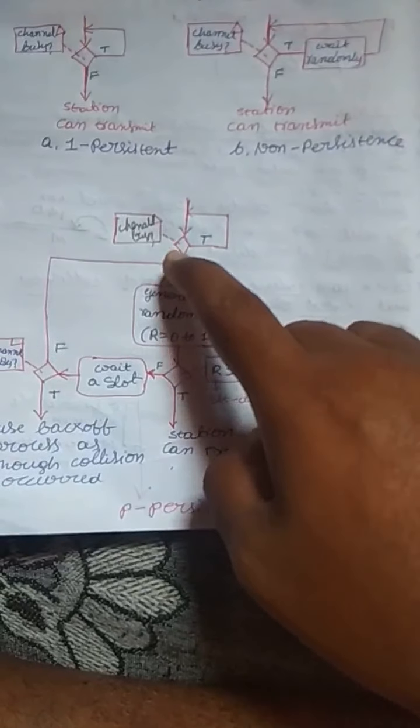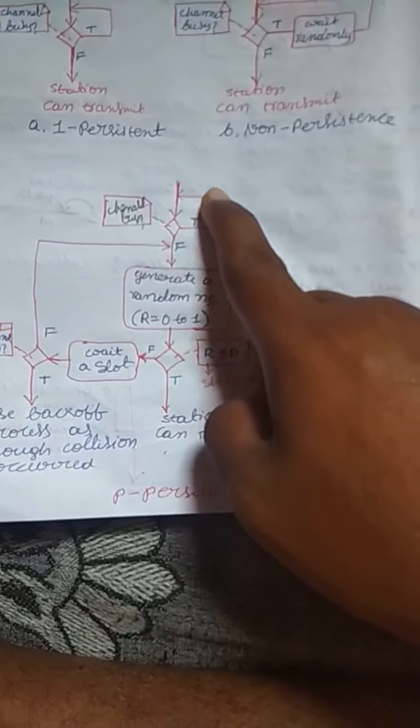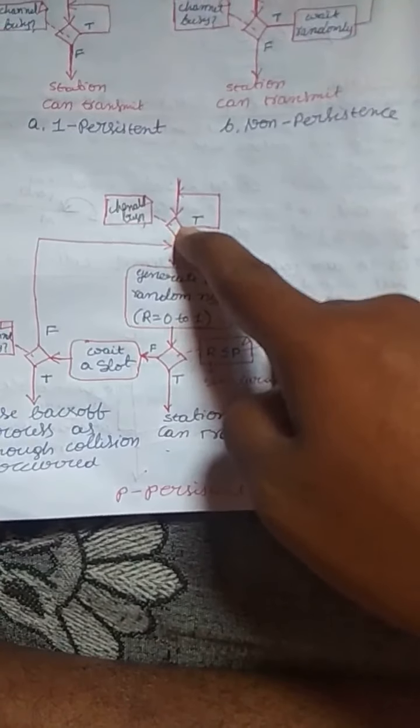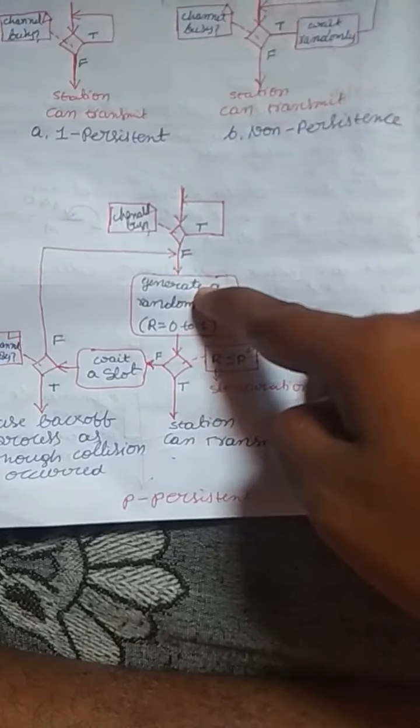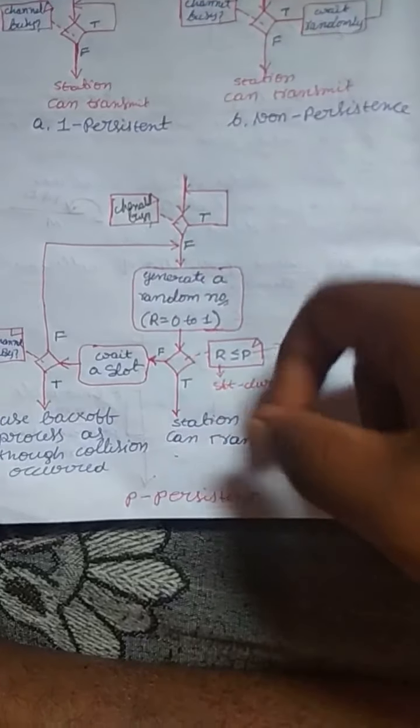As usual, the station checks whether the line is busy or not. If it is busy, we are going to sense again and again. If the channel is not busy, it will transmit the frames.